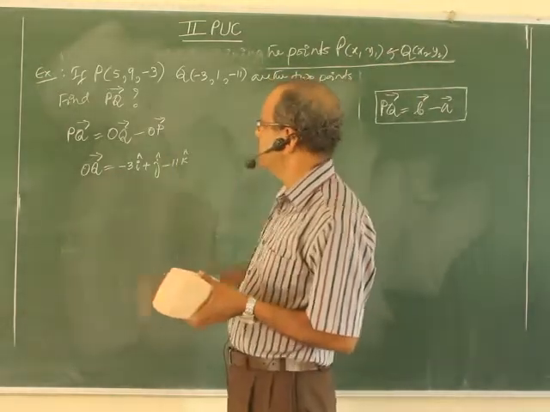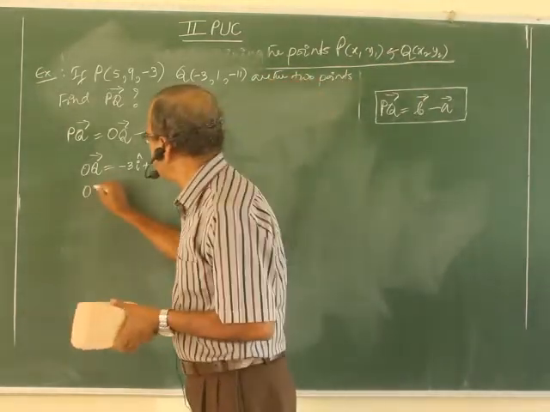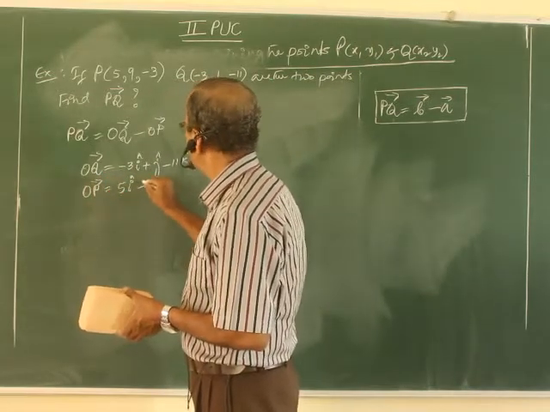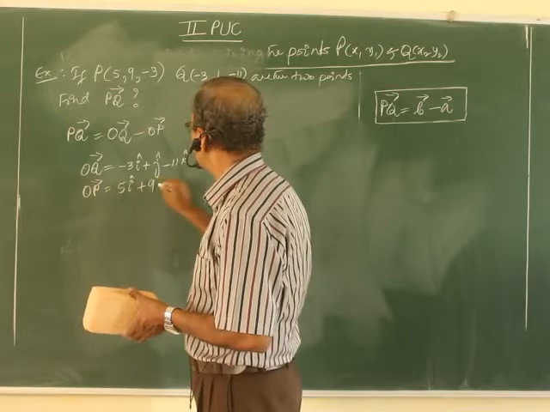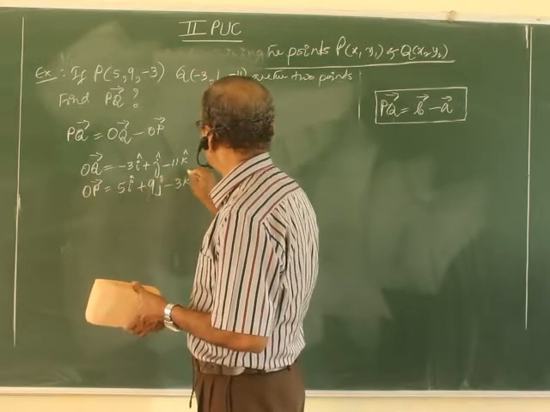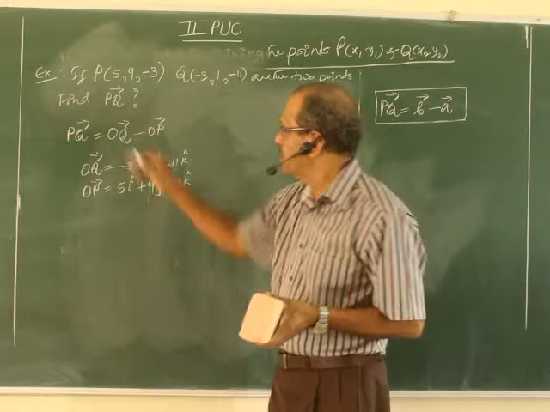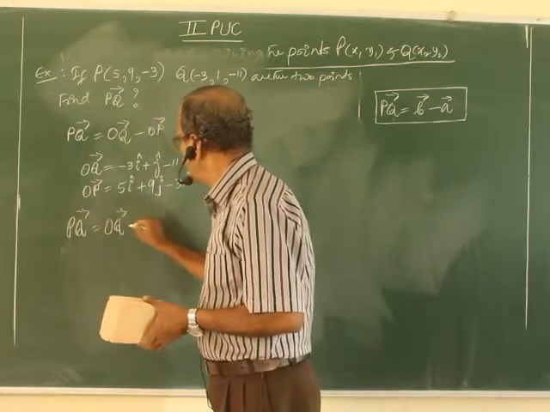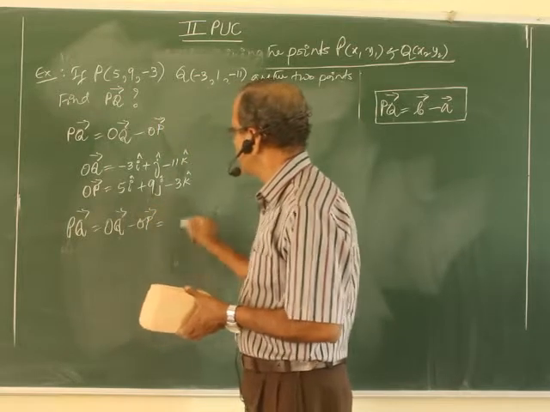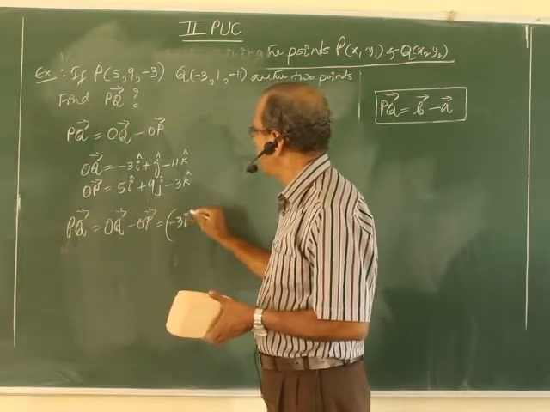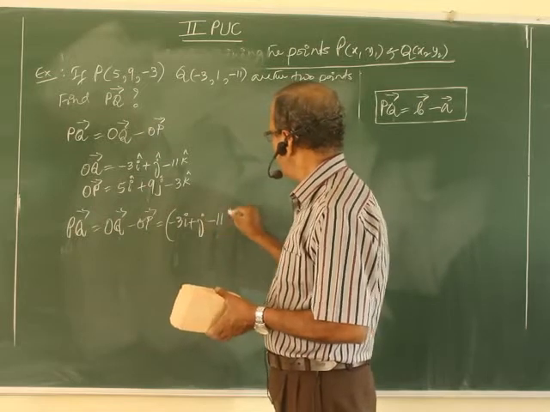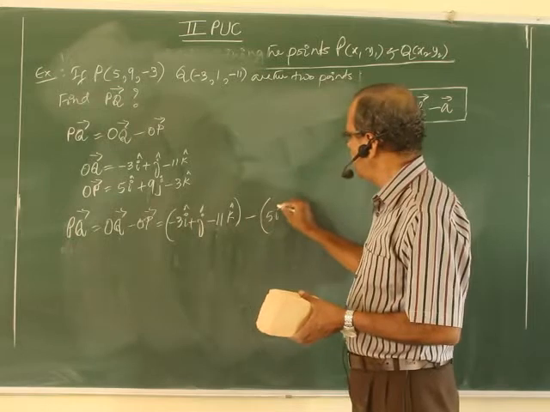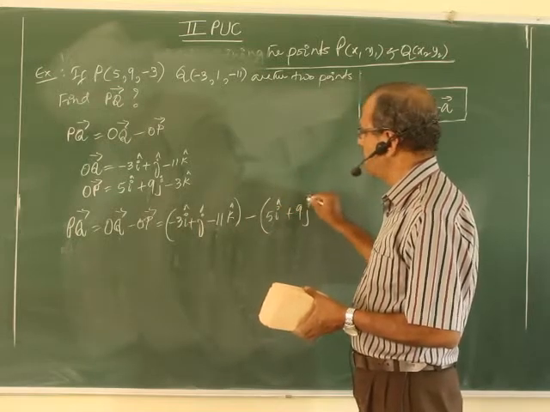OP is another vector, the position vector, 5i plus 9j minus 3k. Calculate PQ. PQ equals OQ minus OP equals (-3i plus j minus 11k) minus (5i plus 9j minus 3k).